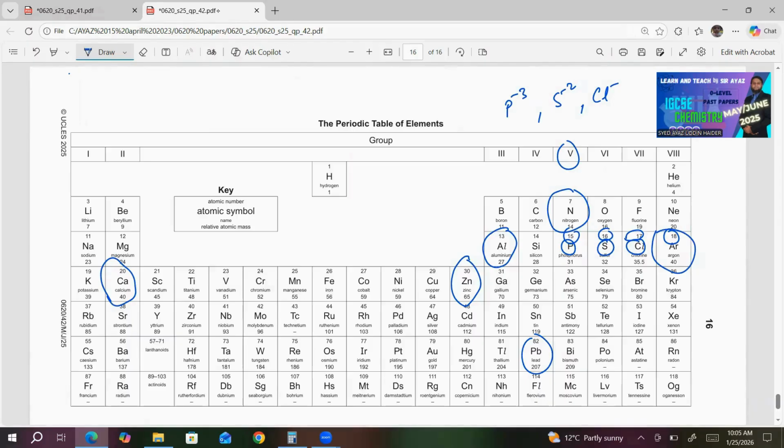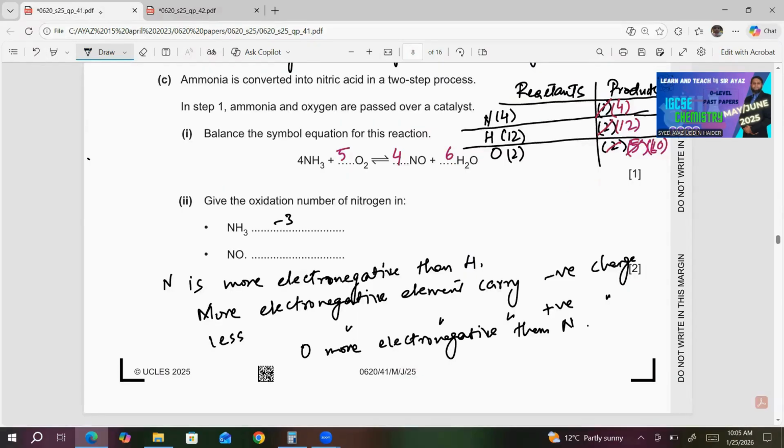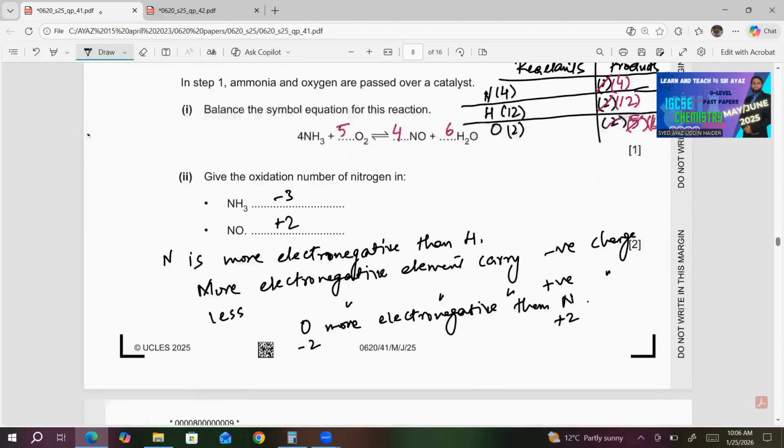Look at the position of oxygen in the periodic table. It's in group 6, which means its valency is -2 or oxidation number is -2. So oxygen carrying -2, in order to balance -2, nitrogen must be having +2 charge. So I'm going to write +2.